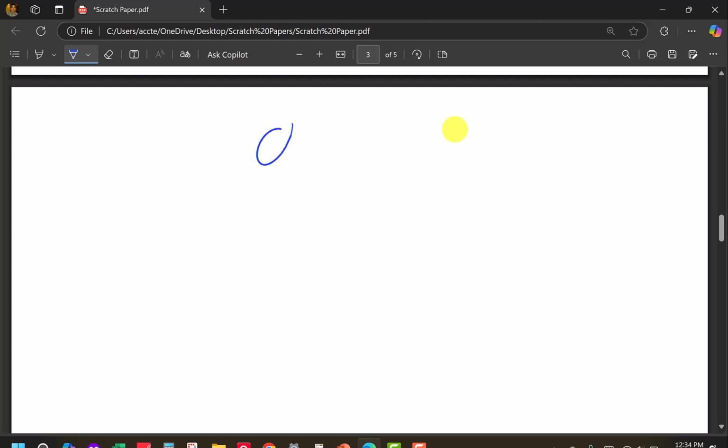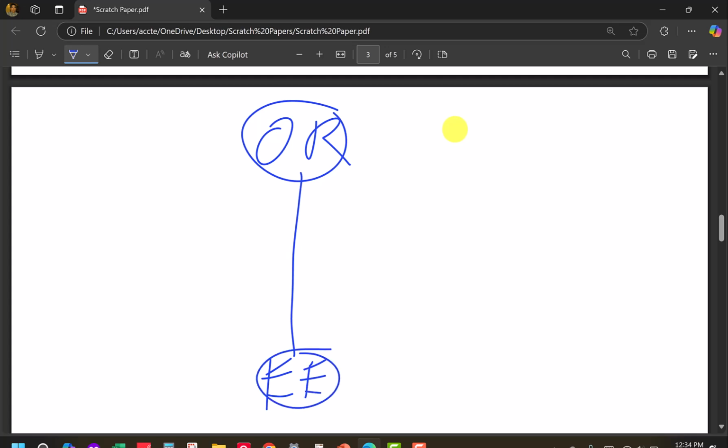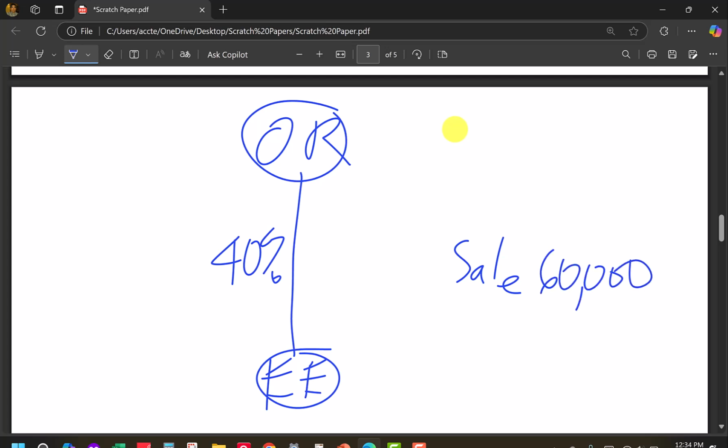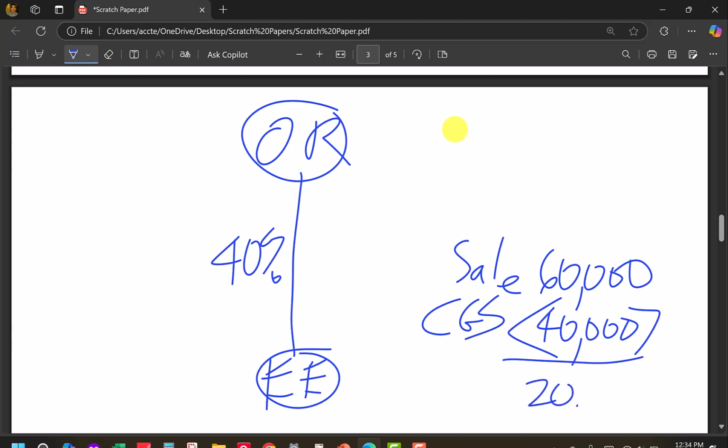We have the investor owning a 40% interest in the investee. And we have an upstream sale. So sales price by the investee of 60,000. Cost of goods sold is 40. Gross profit of 20.